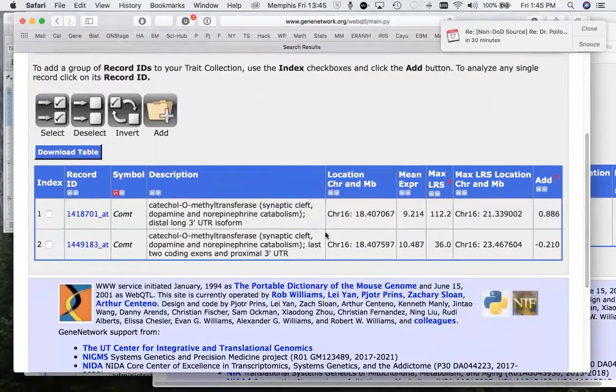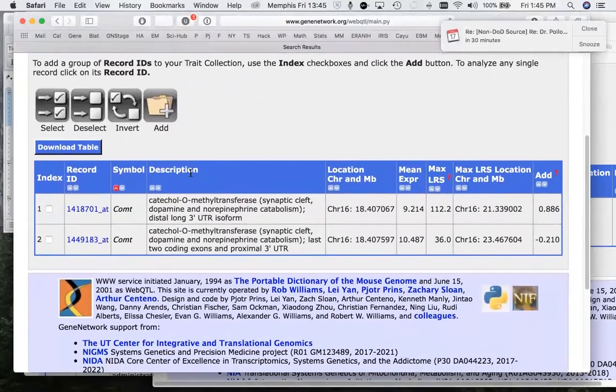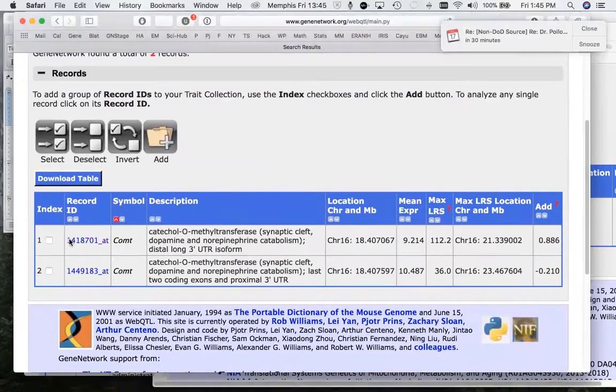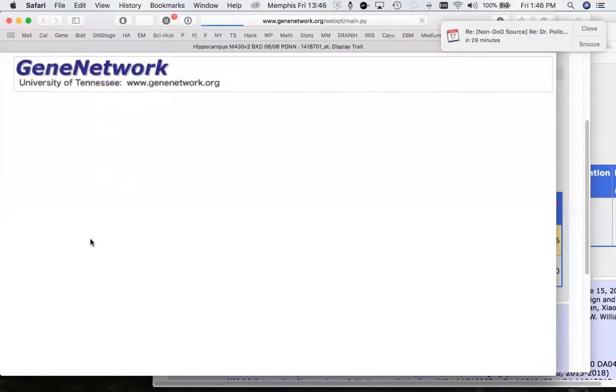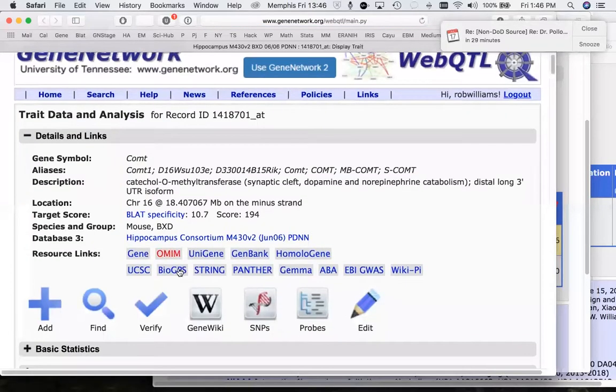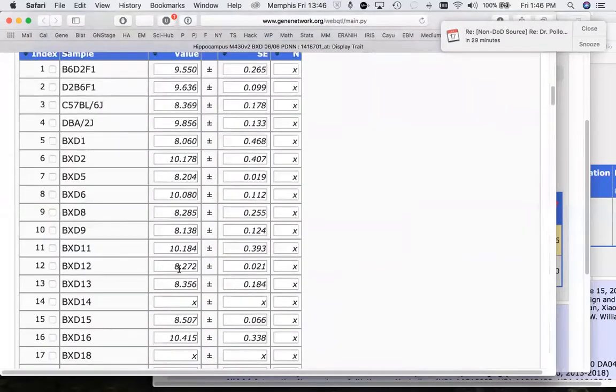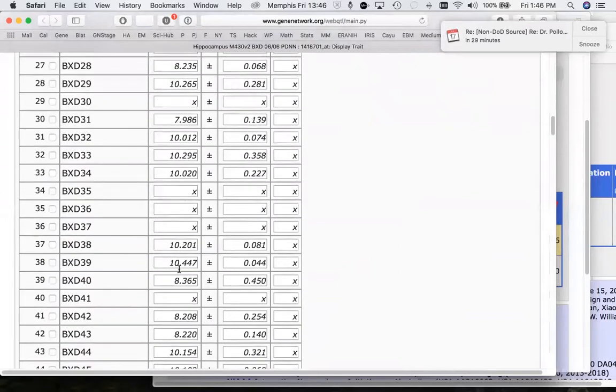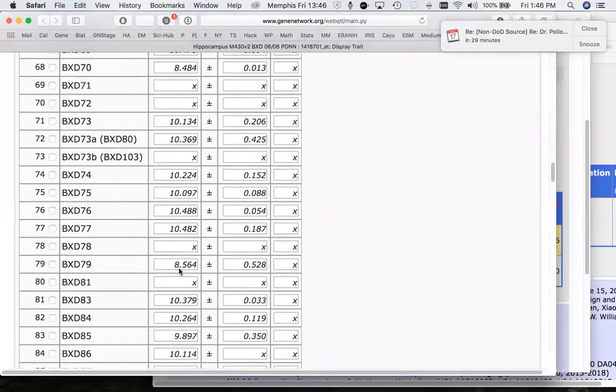And I mentioned to you in my third or fourth slide that we can take this gene, a key gene in dopamine catabolism. Let's actually look at the gene expression level. So in this case, our phenotype is small or big differences in gene expression level. In this case, the hippocampus. So again, here's my vector of data with some missing data and quite a few strains.